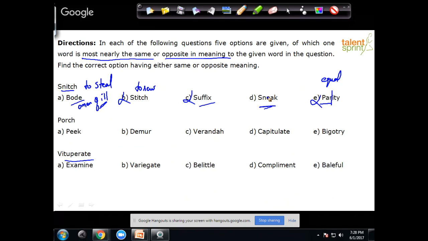Why? What is sneak? Sneak means you are moving in a very quiet and stealthy way. To sneak behind somebody, to move in a quiet and stealthy manner. Like if you want to surprise somebody or frighten somebody.